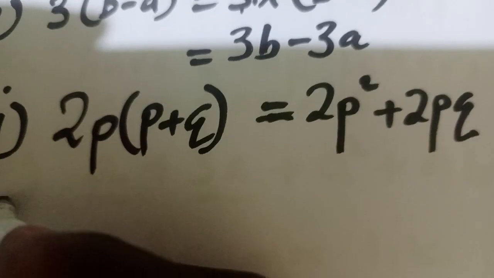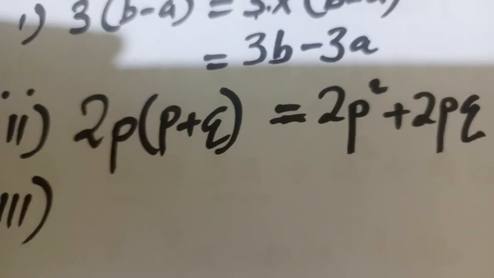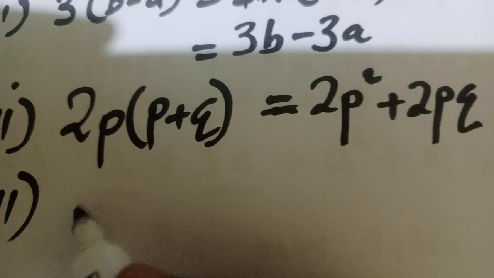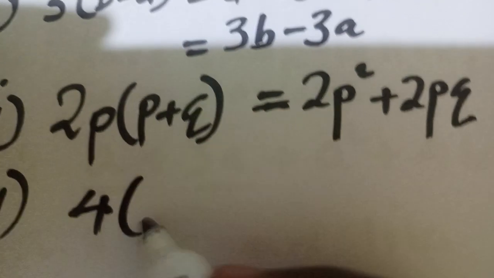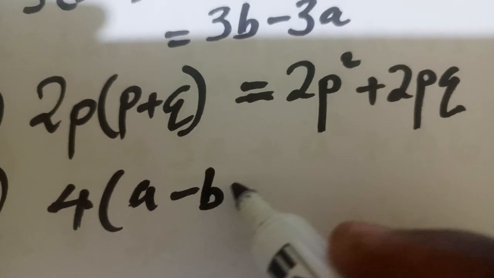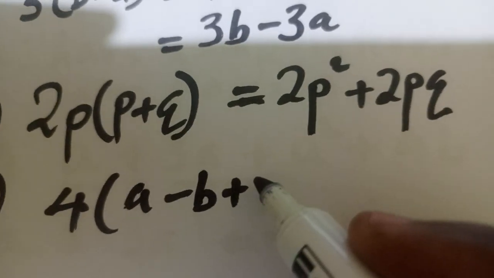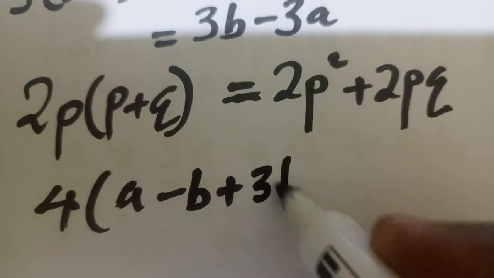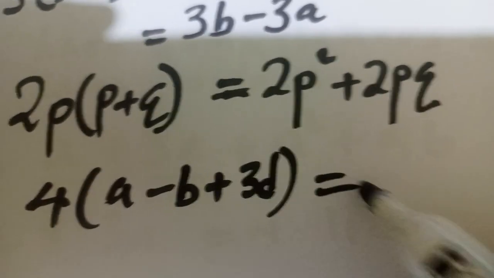If we consider another one, let's say we have 4 into a minus b plus 3d.